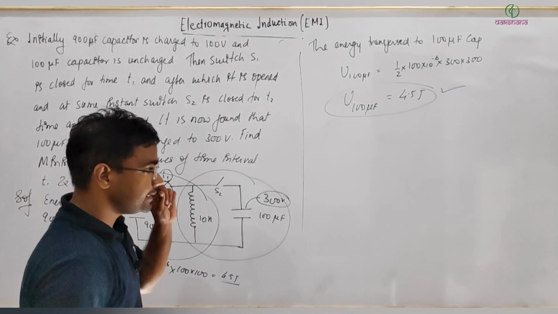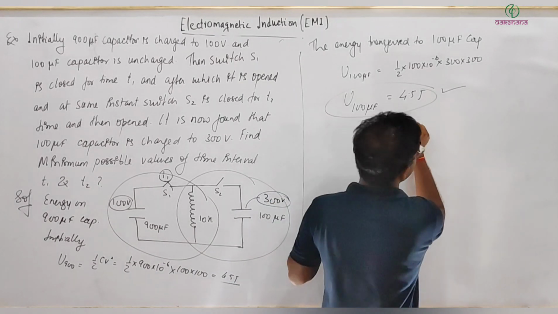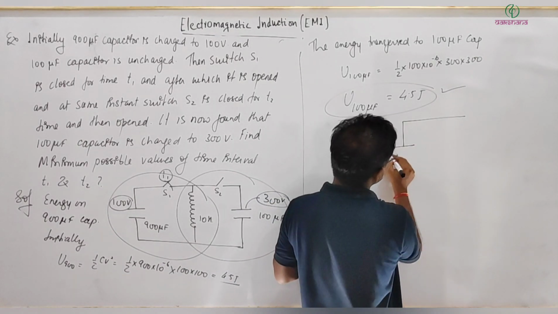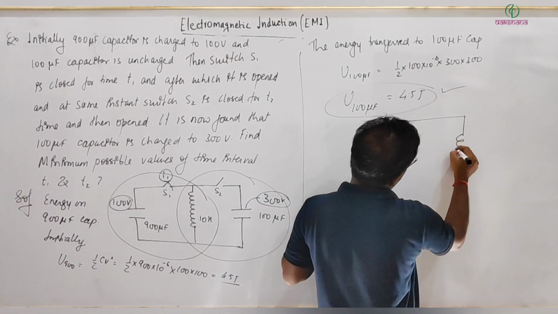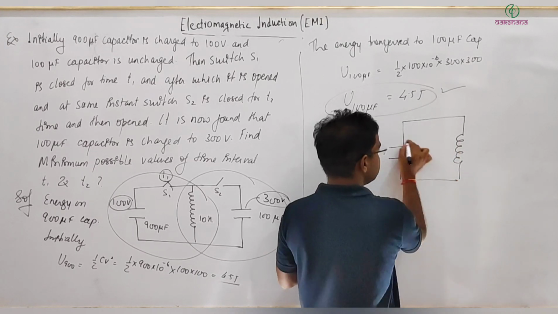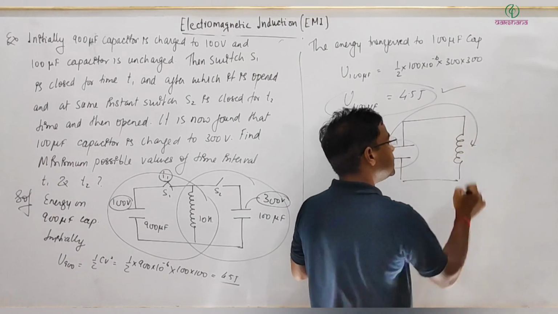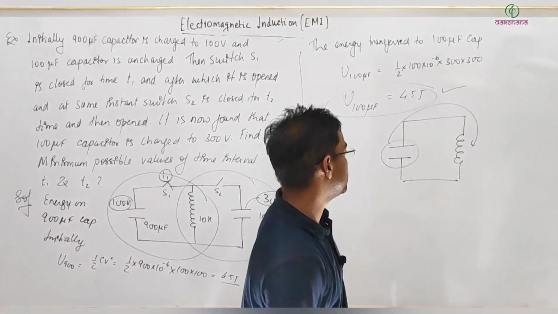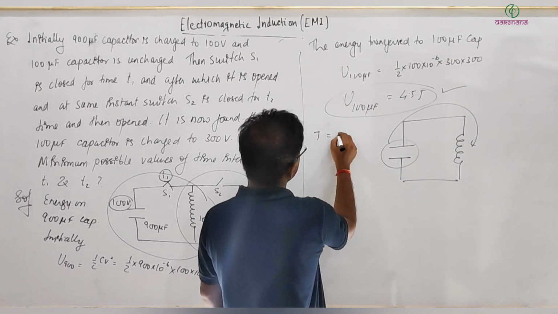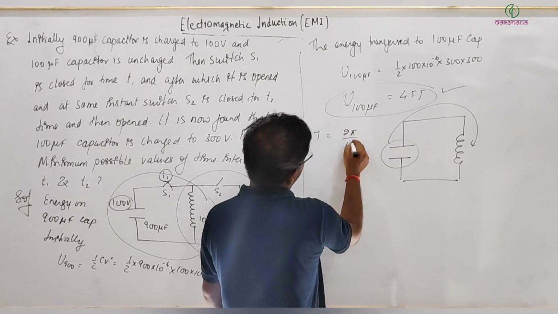And the next point is, if initially the total energy is here, then how much time will it take to transfer it completely to the other side? We know the total time period is T equal to 2 pi by omega.